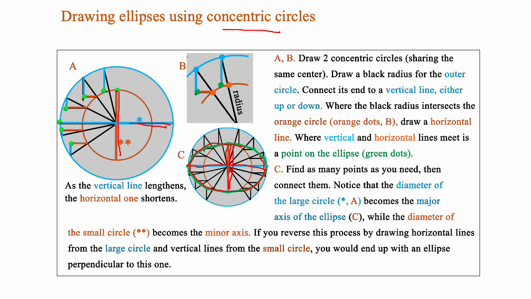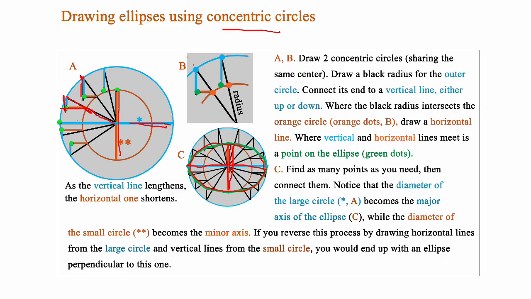So what you do is you draw a radius that goes from the center to the edge of the large circle, and then draw either vertical lines up or down from a point on the large circle. Then, where this radius hits the small circle, you draw horizontal lines.